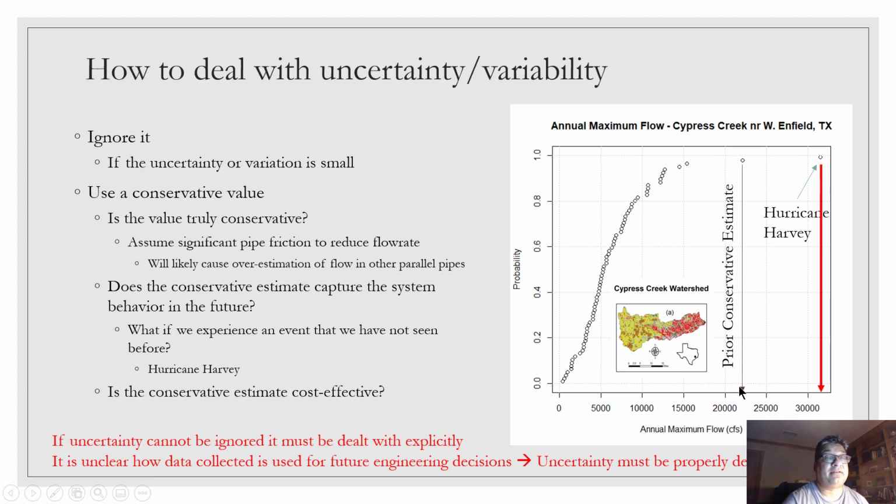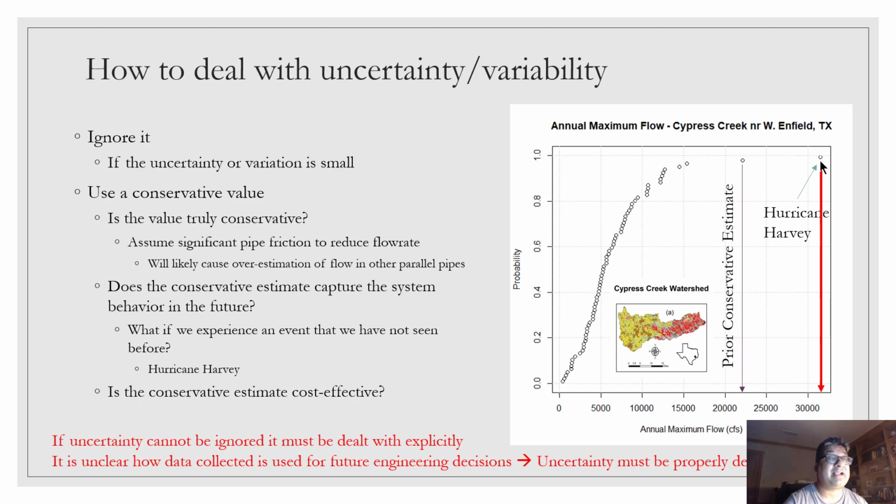Based on that, if I had designed in 2017, we got Hurricane Harvey, which dumped about 50 inches of rainfall over a 2-day, 3-day period in the Houston area, and the flow rate in that watershed came to be over 30,000 cubic feet per second. So the peak flow was much larger. A conservative estimate need not be conservative in the long run.